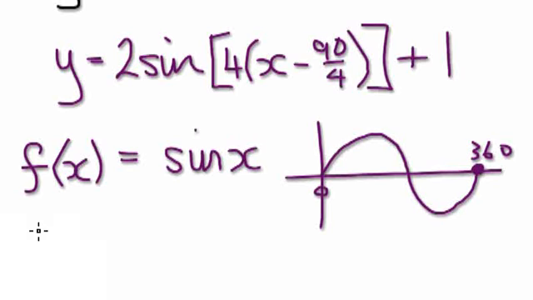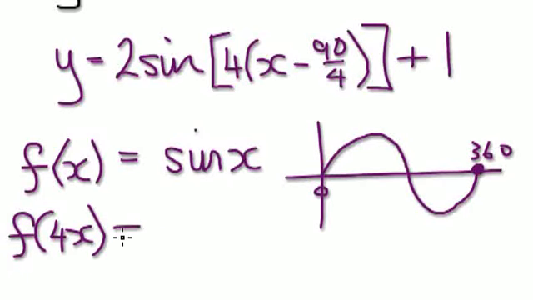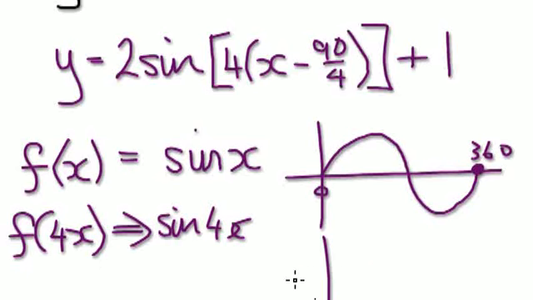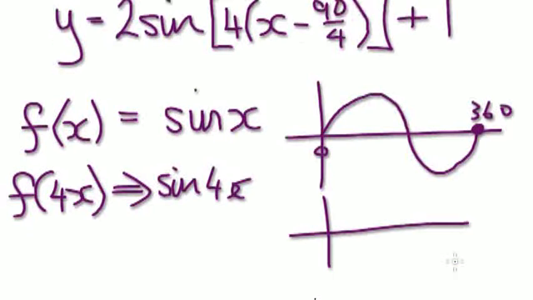Starting here, our first transformation would be this 4 of x, which would give us sine 4x. When we apply this transformation, we are squeezing everything inwards.